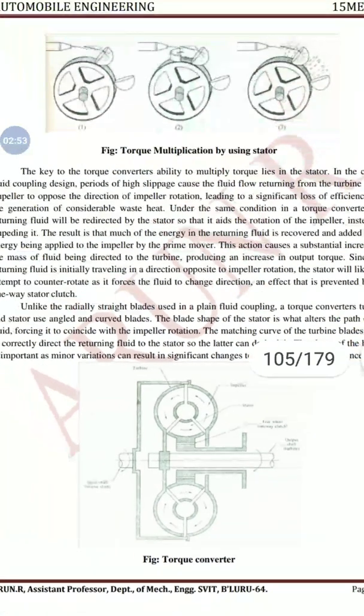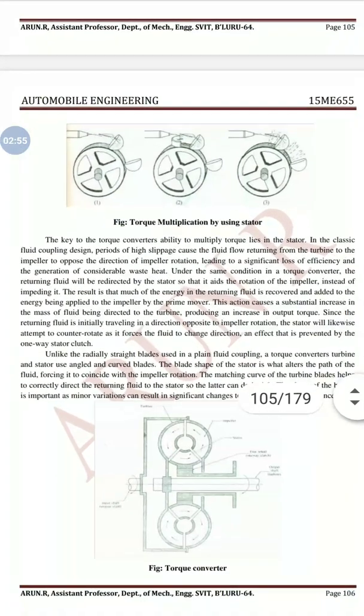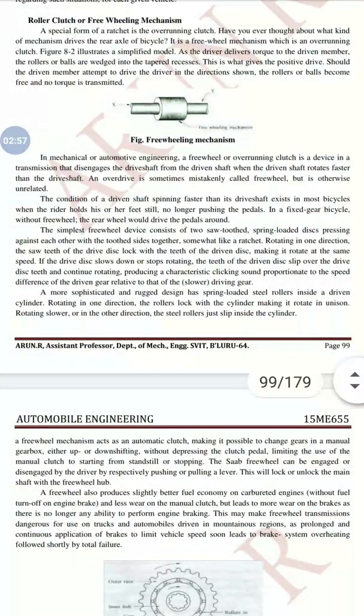And next we have the free wheel mechanism. So what is the free wheel mechanism? The name itself tells what it is. Suppose we are driving a vehicle or riding a bicycle in slope areas in downward motion, we can switch off the engine or put it in neutral position without switching off the engine if it is an automobile.